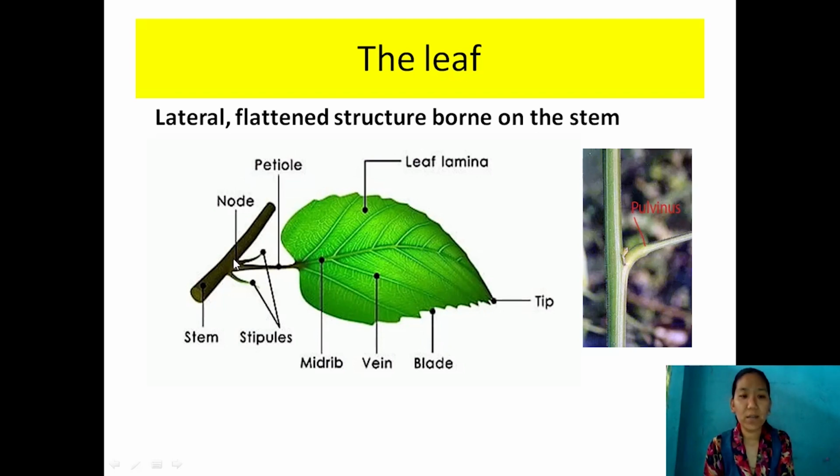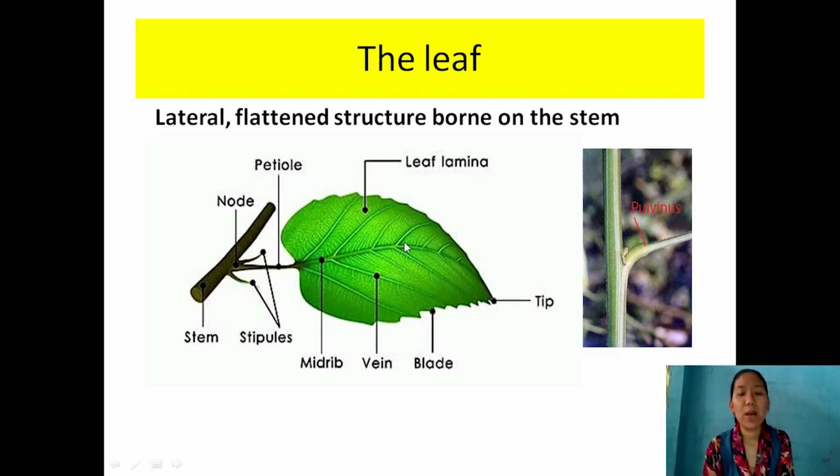And at the point of the formation of a leaf, there are small blade-like, leaf-like appendages called stipules. So this leaf is a broad flattened structure, having lamina, midrib, and veins. The midribs and the veins facilitate the transport of water and minerals and photosynthesis because they contain xylem and phloem.